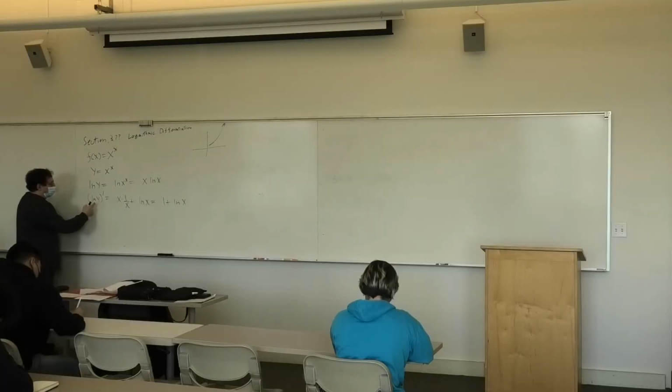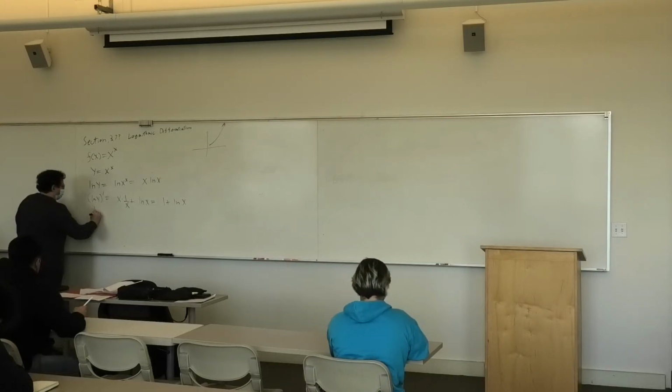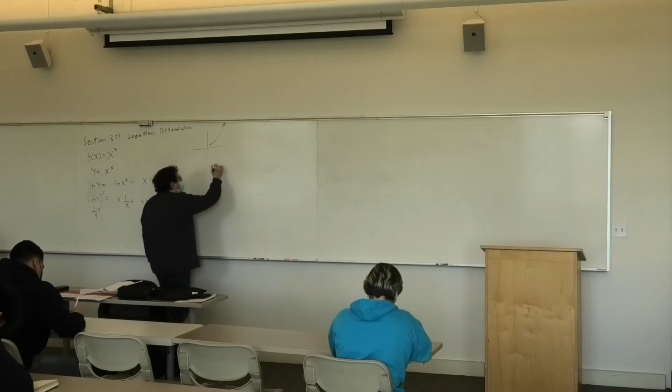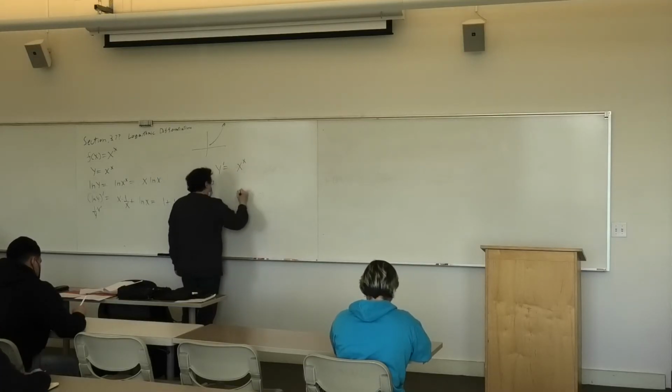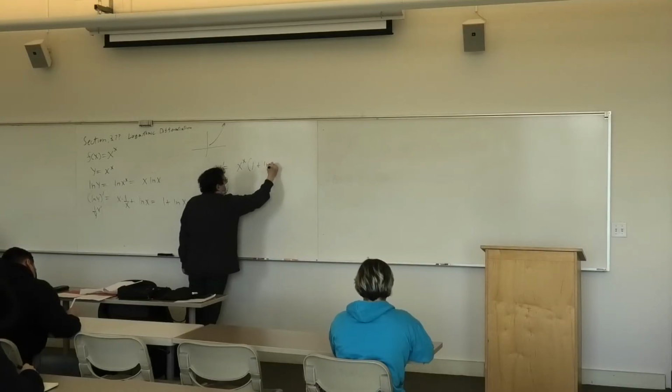Now that's the derivative of the log of y. Again, we see that the derivative of the log of y is 1 over y times the derivative. So we can multiply through by y, and we'll get y prime equals x to the x times 1 plus log of x.